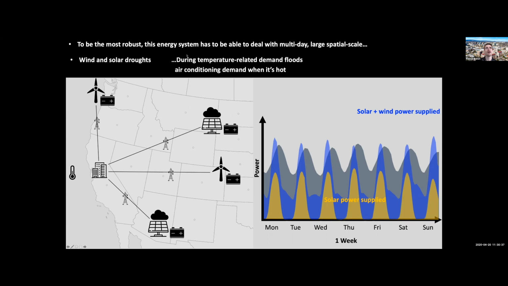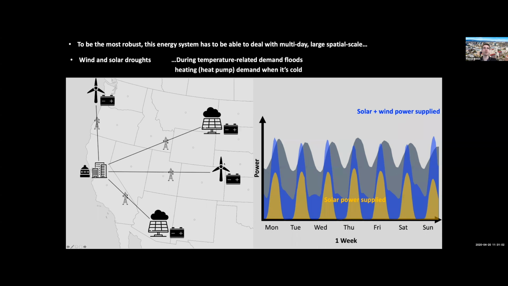For example, if it happens to be really hot when a wind and solar drought occurs. So if you have a wind and solar drought during a time period when the temperature related demand peaks, that would be like, okay, it's very hot, and so people all turn on their air conditioning. And so that's going to mean that this demand actually goes up. That's even then a bigger problem for the system.